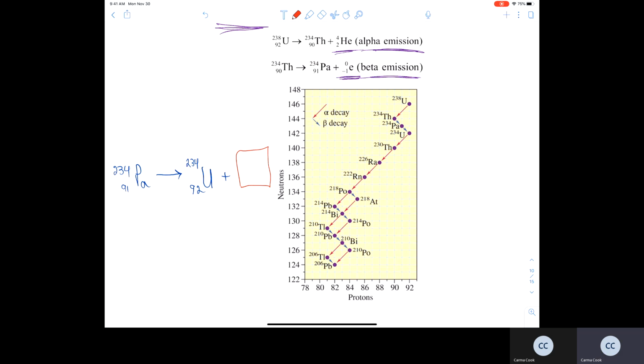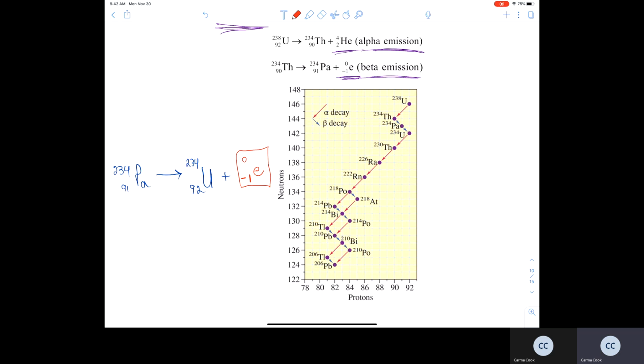So on the left-hand side, you've got 234. Well, on the right-hand side, you've got 234, plus there's another product, so its superscript must be 0. The subscripts, you've got 91 on the left-hand side, but you've got 92 on the right. And so in order to make those equivalent, the subscript of this other product has to be -1. 92 plus -1 is 91. So therefore, this must be a beta particle, the other product.